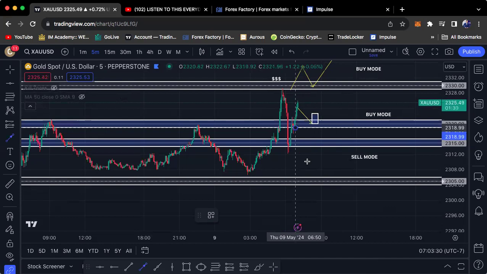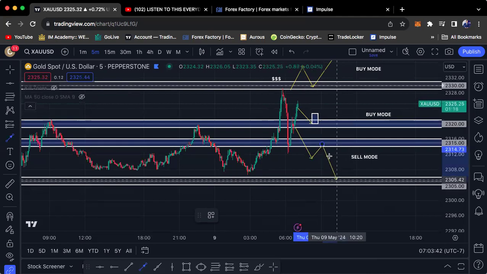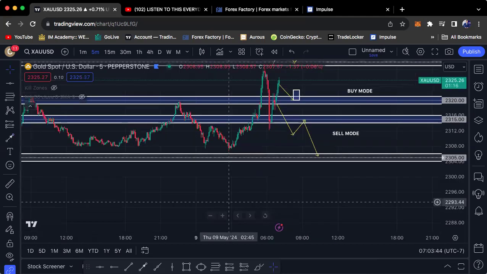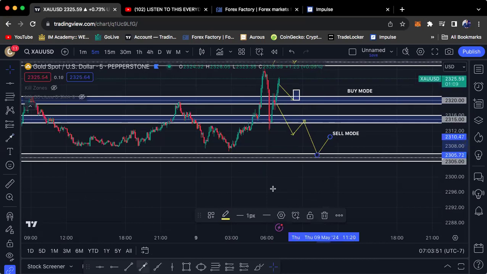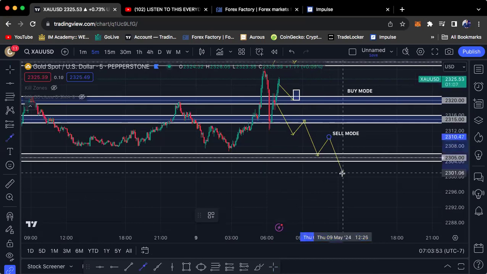If it breaks below, creates a new lower low, wait for that sell going down. Then come back up to retest 2210, and then boom.